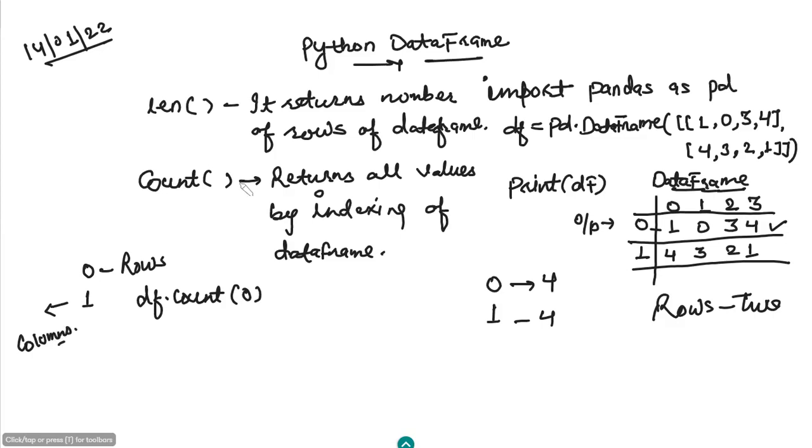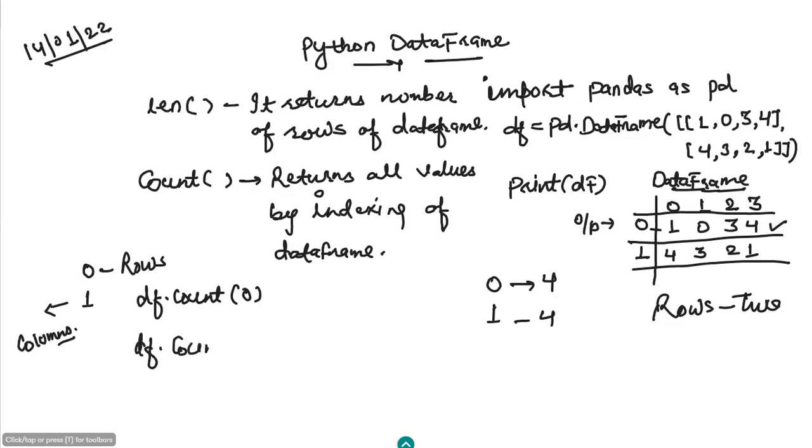So if we pass 0 as the argument to the count function, it will return all the values by indexing. Is it clear? You can also write the same syntax in that case.